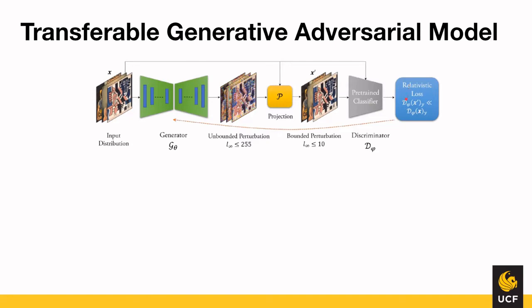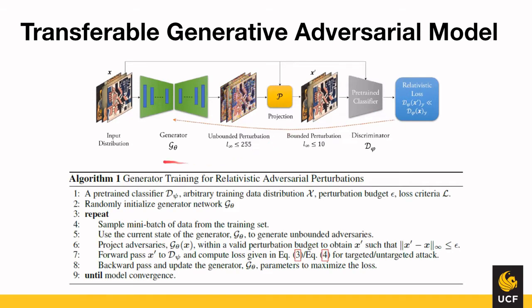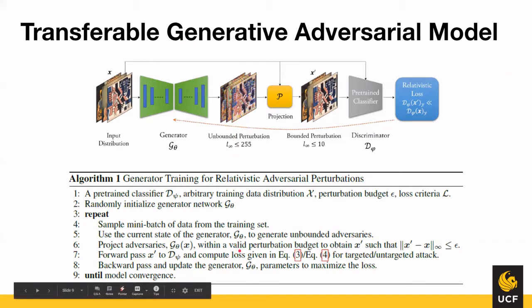If we look at the algorithm itself, we randomly initialize the generator parameters in the beginning, and we send in mini batches of training sets. The generator in its current state outputs unbounded perturbations, but in order to get it back onto the valid perturbation budget, we project it back onto the L infinity norm and then get a standard image.